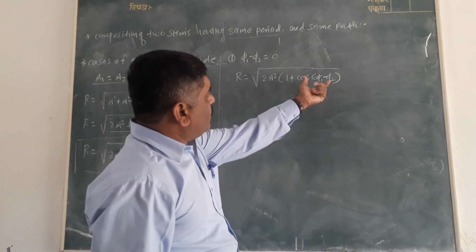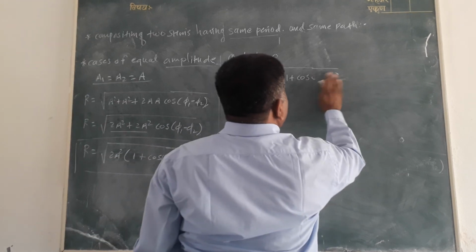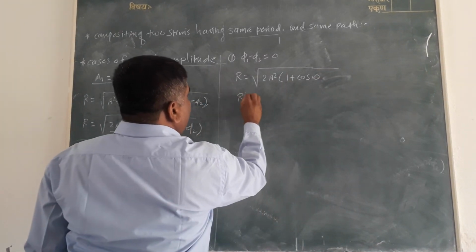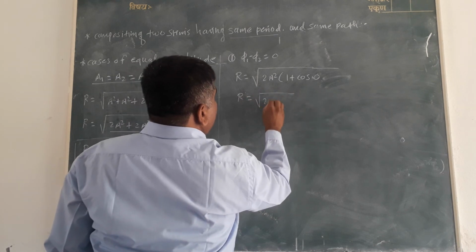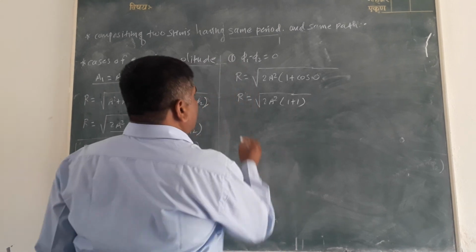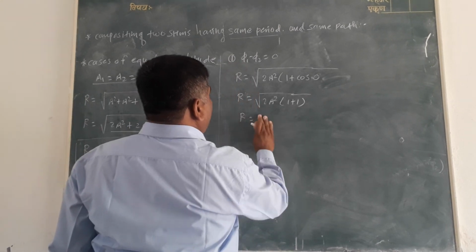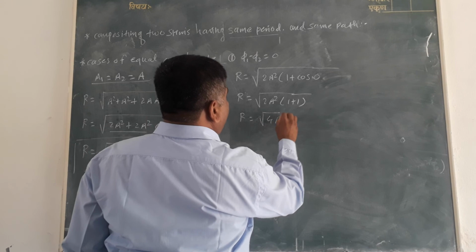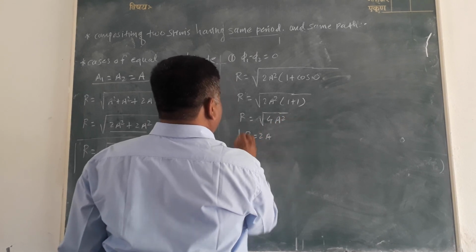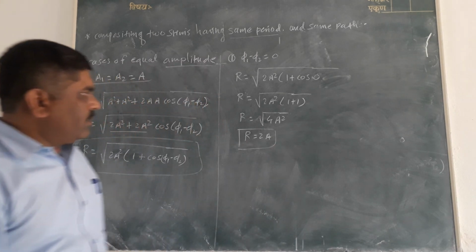If phi 1 minus phi 2 is 0, that means cos 0 is 1, therefore R is equal to under root 2A square into 1 plus 1, that is 2. R is equal to under root 4A square, and we get R is equal to 2A. This is the first case.